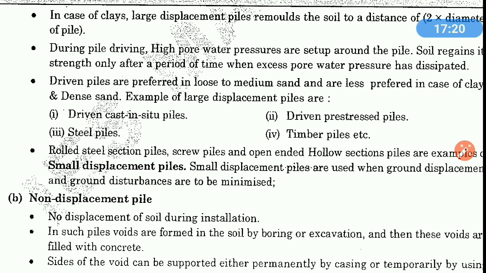We can understand this by the fact that as the pore water pressure increases, the effective stress on the adjoining soil also gets reduced.